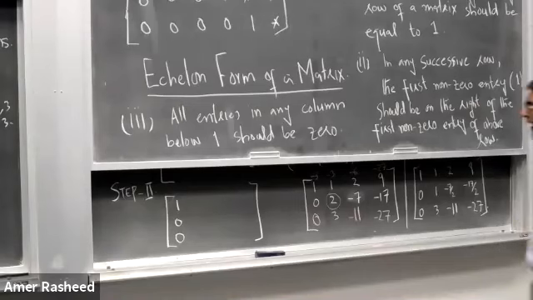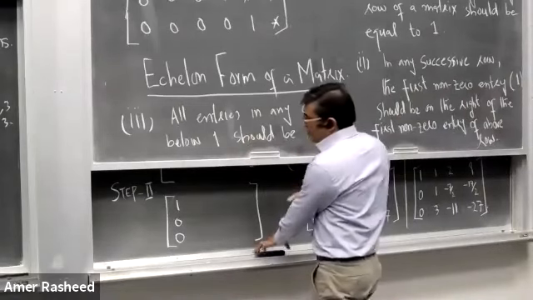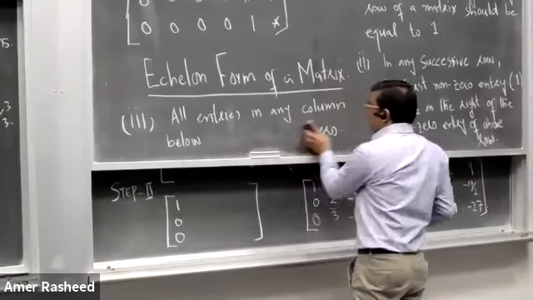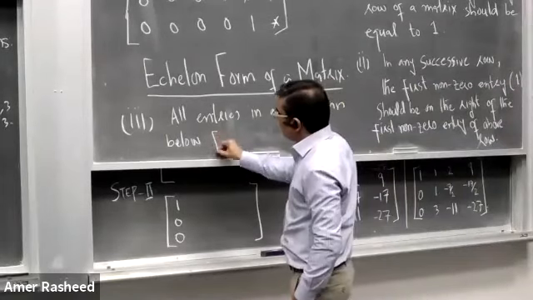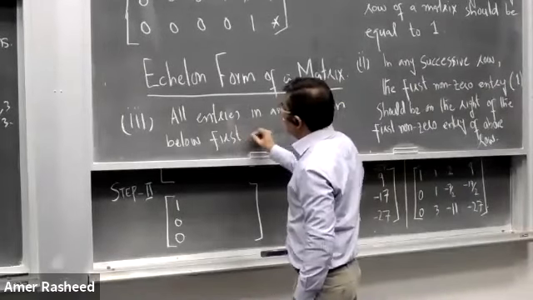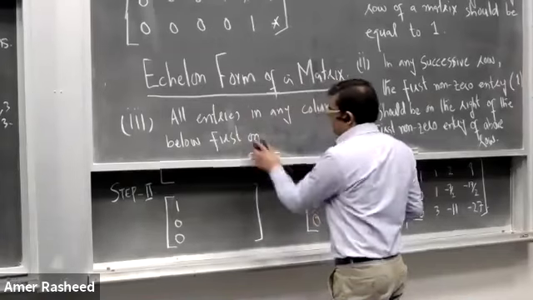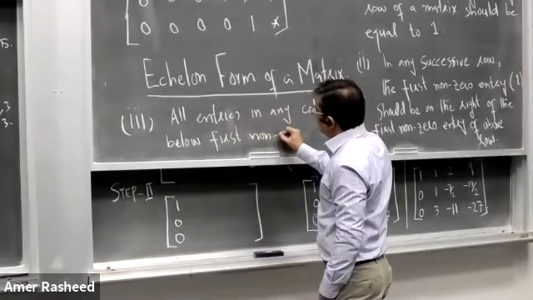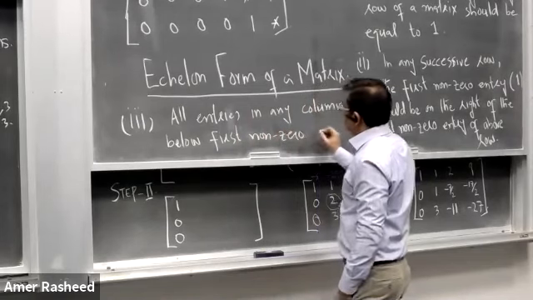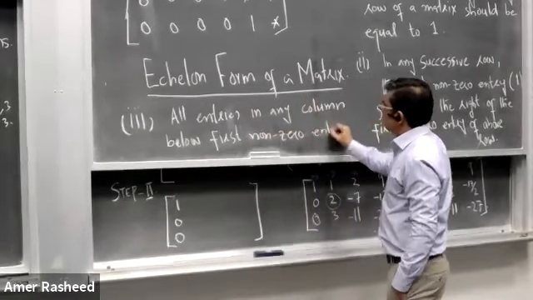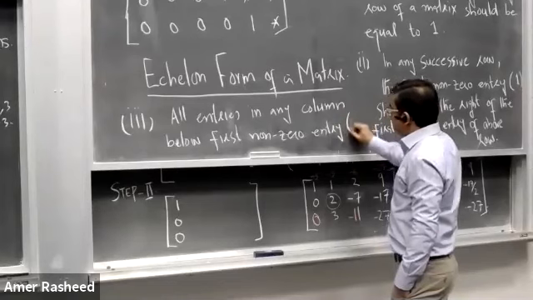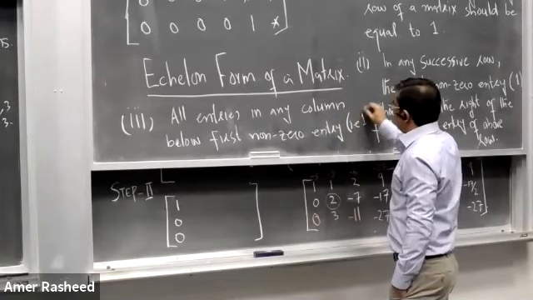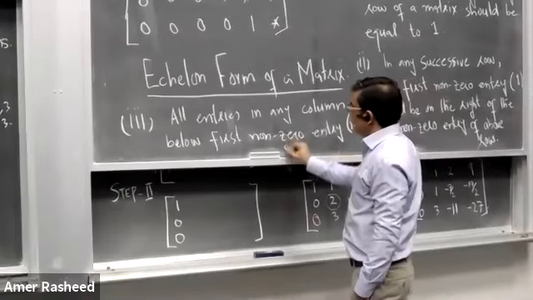Okay. That first non-zero entry, below first non-zero entry which is basically that 1, they should be 0.